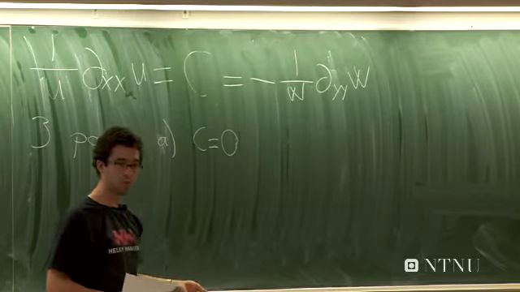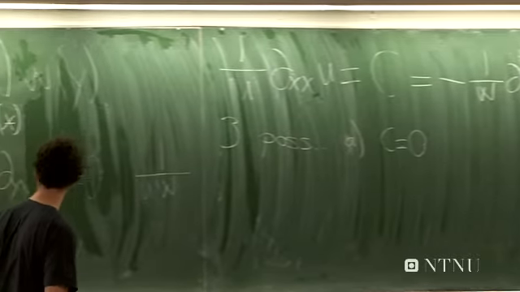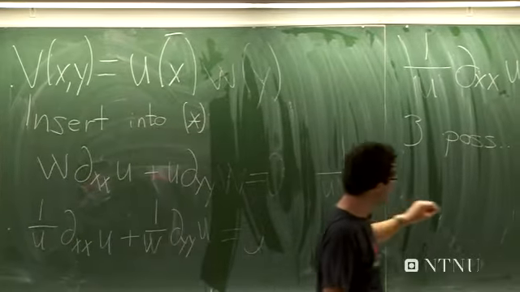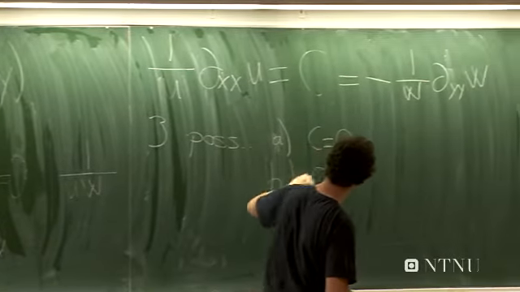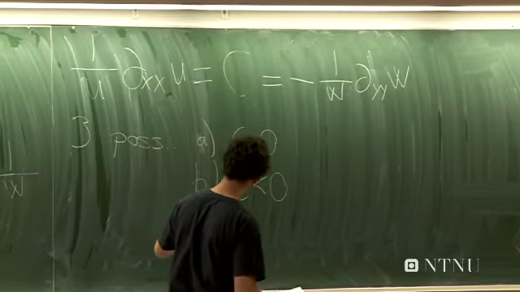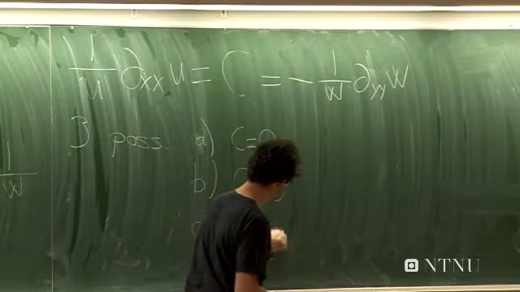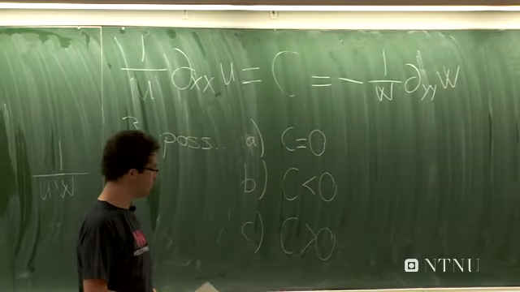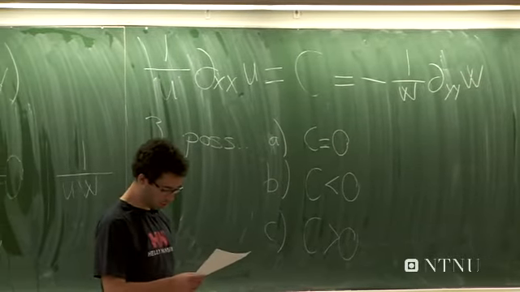C could be equal to 0, because that would satisfy this equation. And it could be less than 0 and bigger than 0. But of course I cheated, so we know that the following is the correct one.